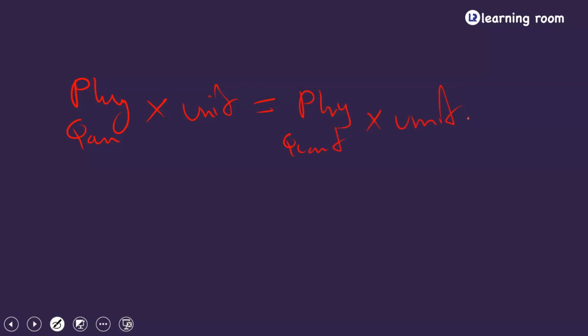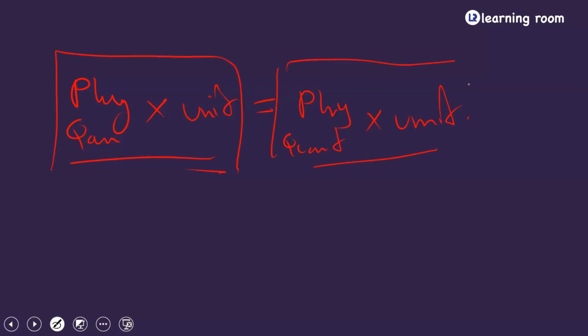This ratio will always be maintained. Just remember this much. Here they have written n1 u1 is equal to n2 u2. We will not go into the details of this. This much is enough for you.